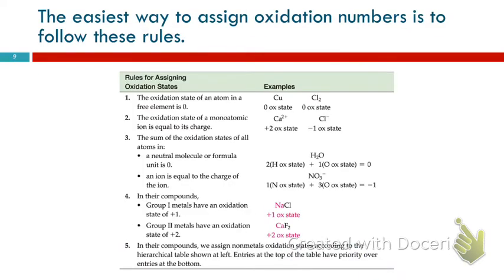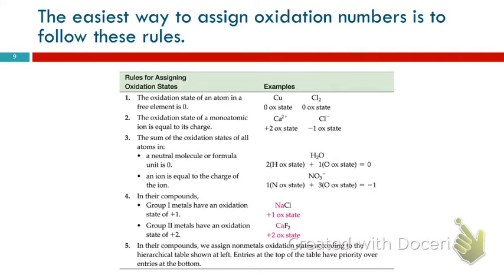So these are the rules for assigning oxidation states. Whenever you spell something out, it starts looking very, very complicated. It's really not this bad. The oxidation state of an atom in a free element is 0. If you have the element by itself, the oxidation state is 0.